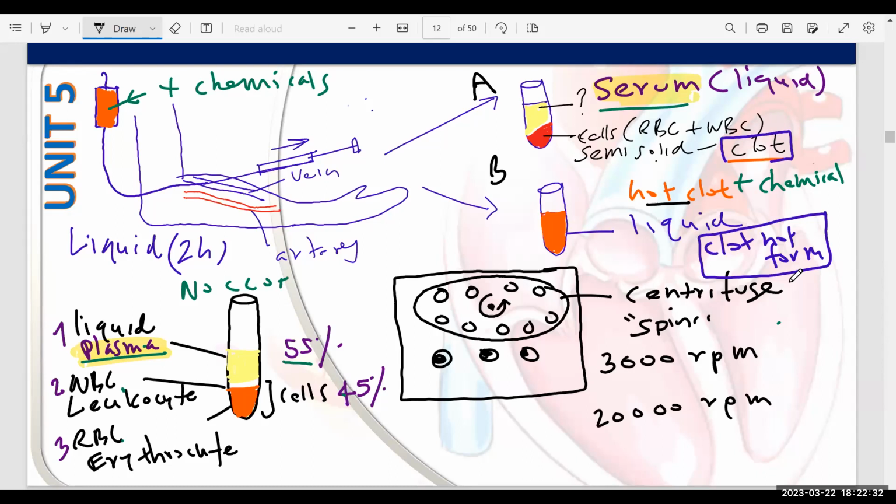Then you write, serum has no clotting factors, whereas plasma has clotting factors.